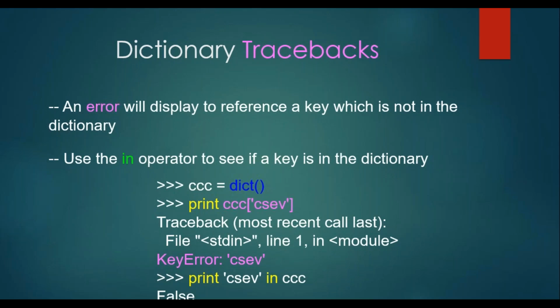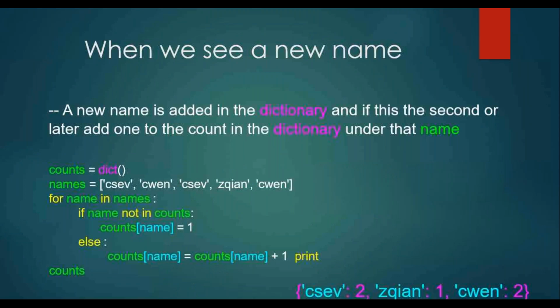Print CSEV in CCC is false because that is not available. Understand?